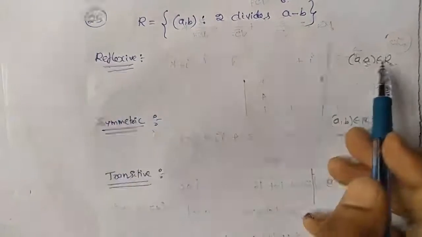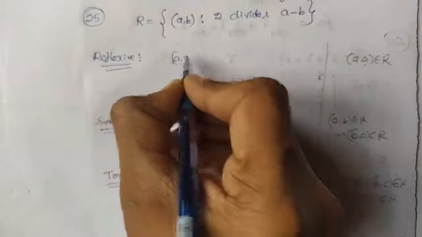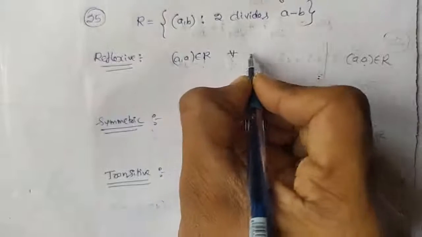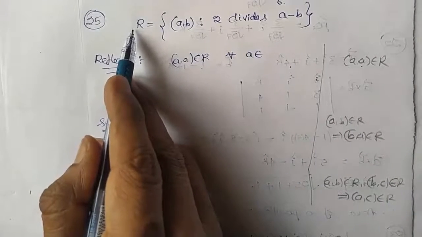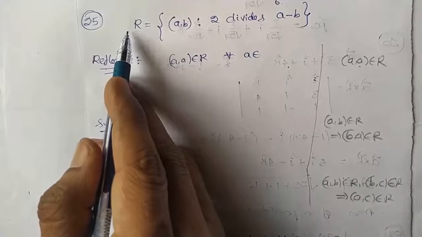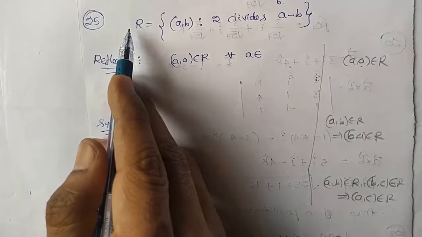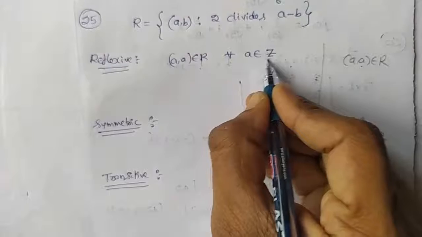For reflexive, (a, a) belongs to R for all a belongs to Z, as given in the question.